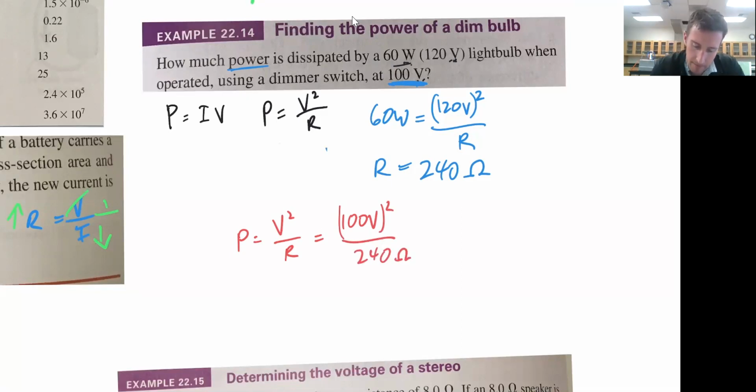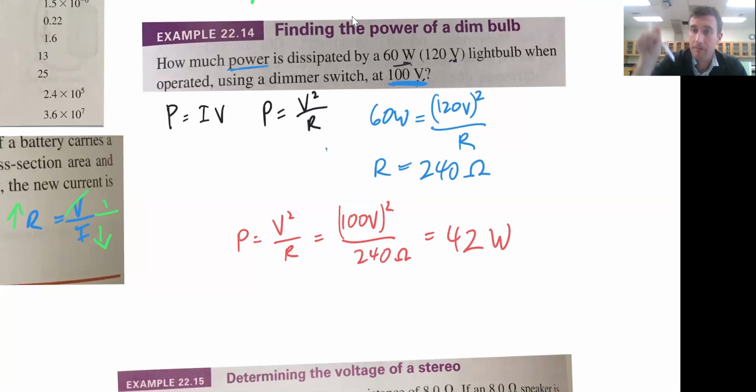And that'll give me a final power of 41.66 or 42 watts. So 42 watts would be my total power on a dimmer switch.